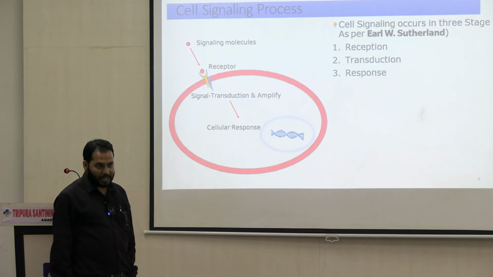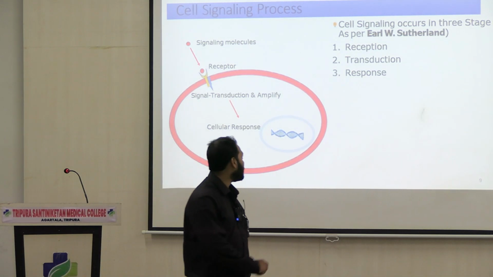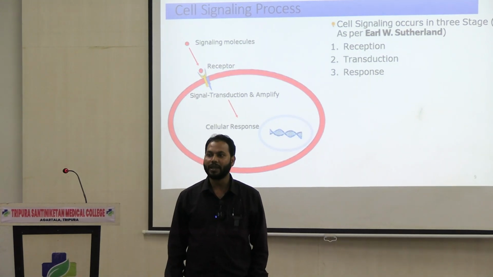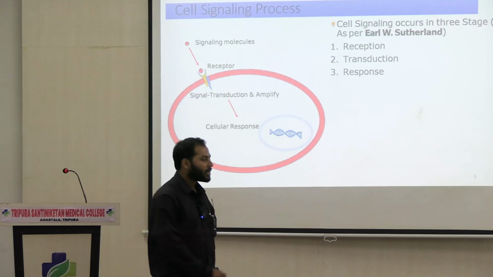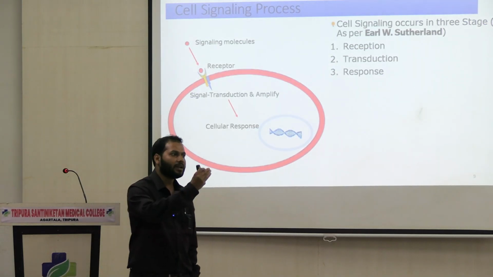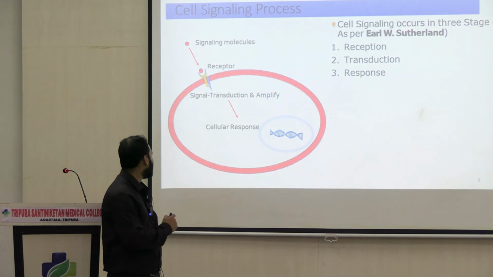Now, as I've already mentioned, in the signaling cascade, these three are the most important parts. Reception means the binding of ligand to the receptor. Then transduction, very important. It is basically composed of several stages or steps, we can say. And finally, response.